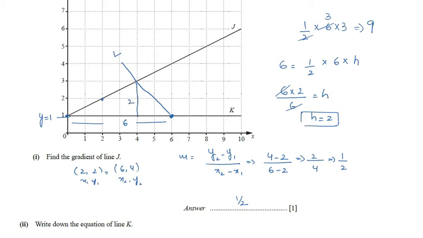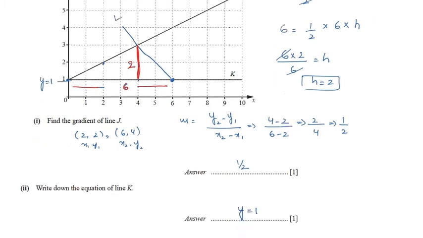This straight vertical red line is the height of the triangle, which is 2, and the base of this triangle is 6. So when we simplify this, the area of this triangle enclosed by J, K, L is 6 centimeters square. So we have drawn this line L here.